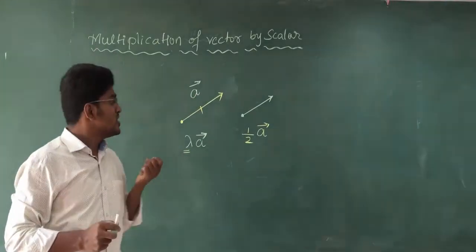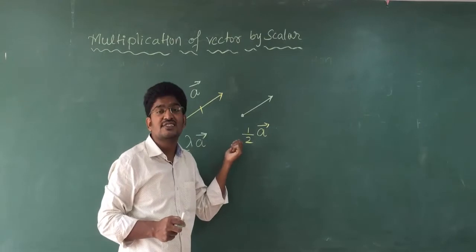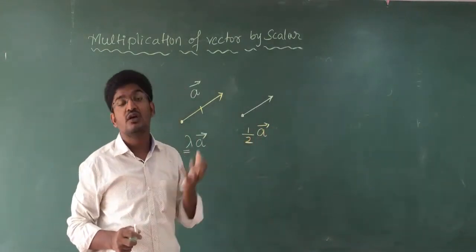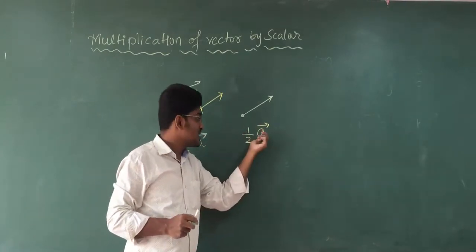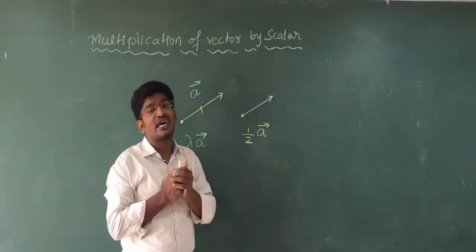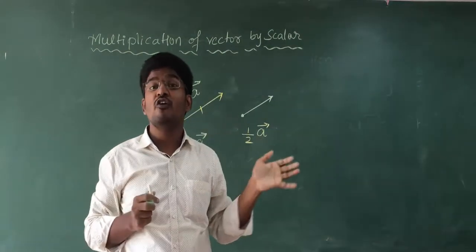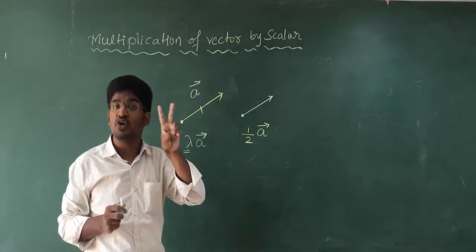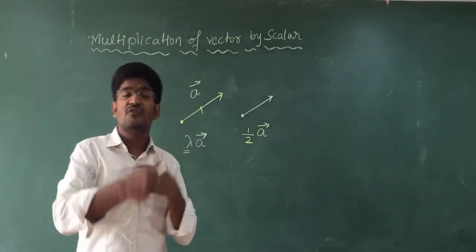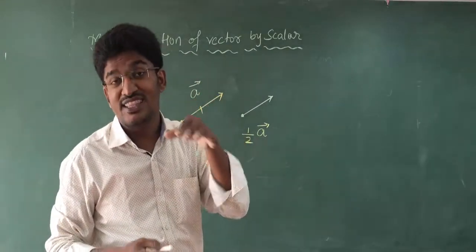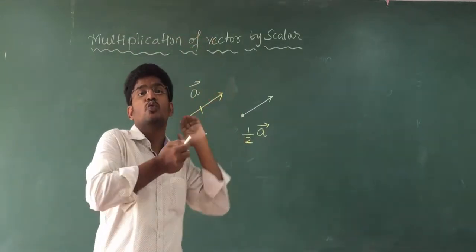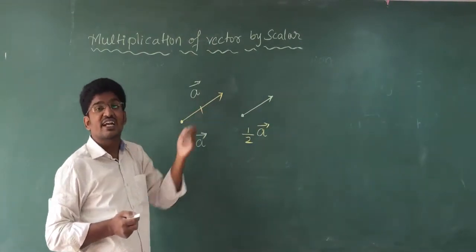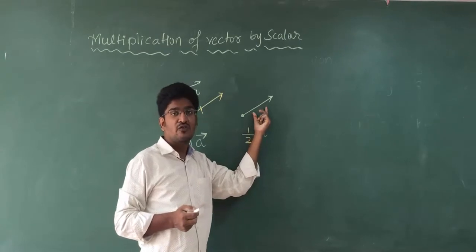Are you clear? So if I multiply half, that is nothing but 1 by 2. If I multiply the vector A with 1 by 2, what I am calculating? The half of vector A I am calculating. Vector A is with how many units? 2 units. So now if I multiply 1 by 2 for vector A, that 2 units reduces to 1 unit. See this. Here you have 2 units, that reduces to only 1 unit of length.